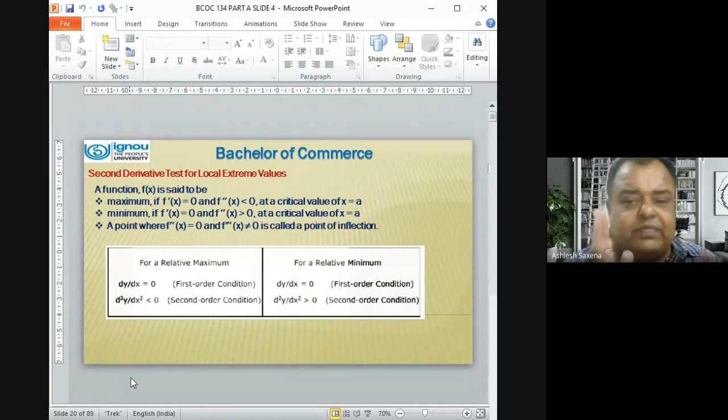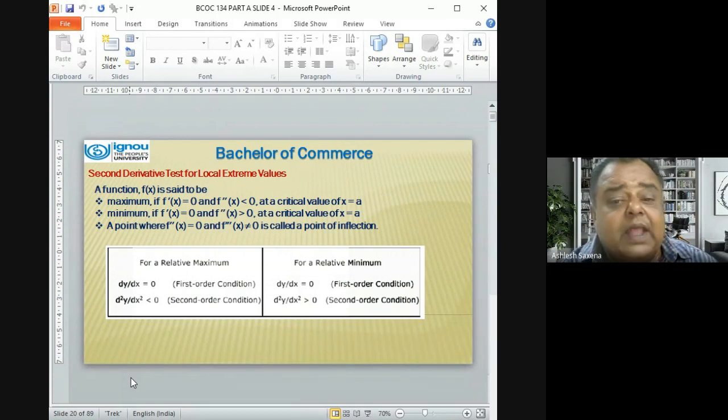Now, in short, a function f(x) is said to be maximum if f'(x) is equal to 0 and f''(x) is less than 0 at a critical value of x equal to a.